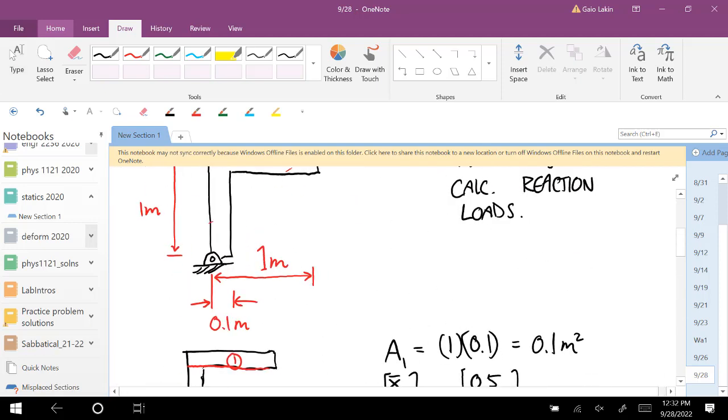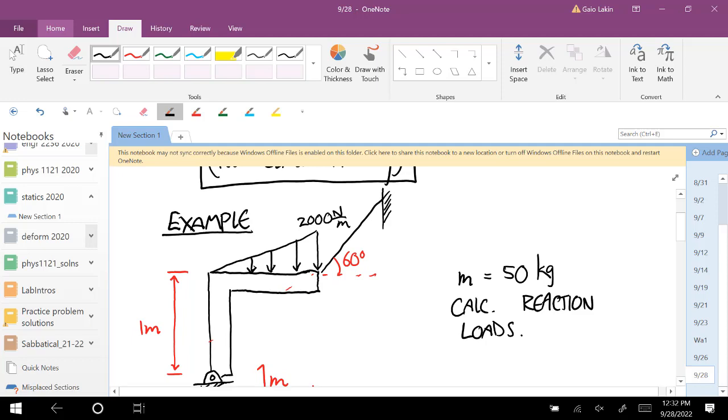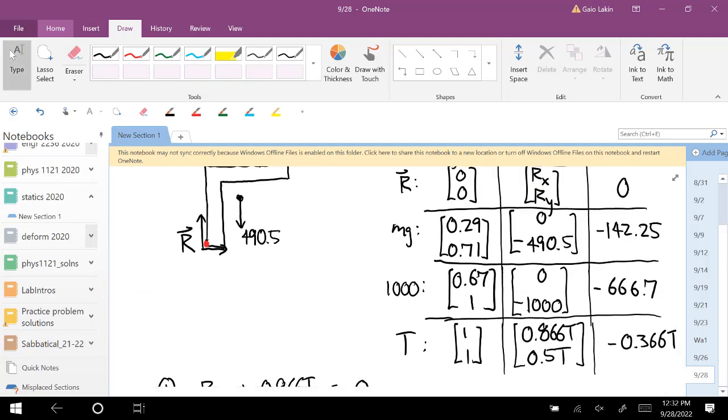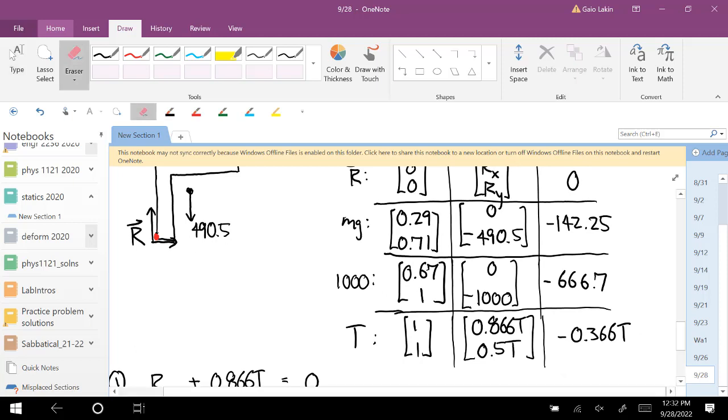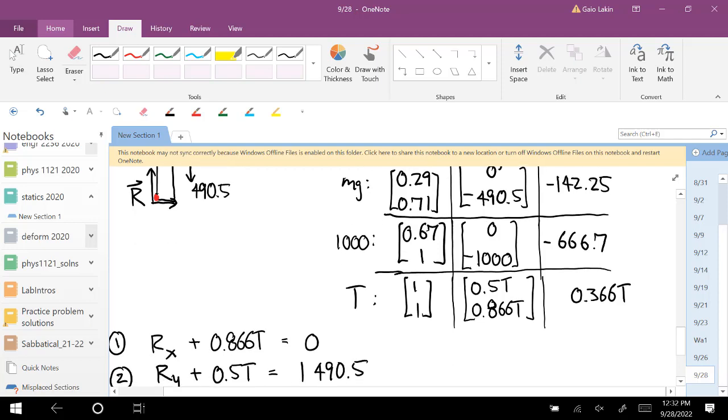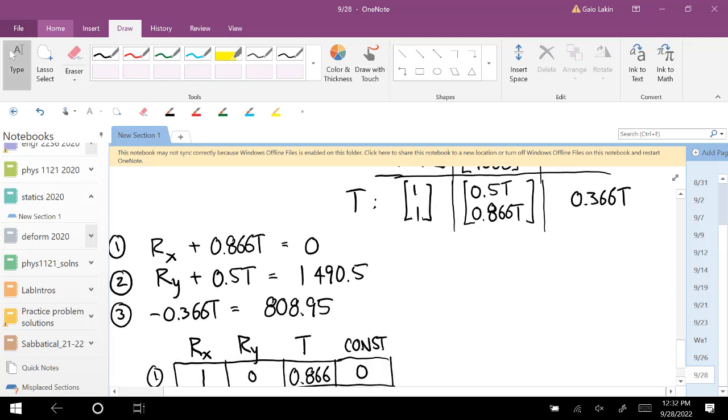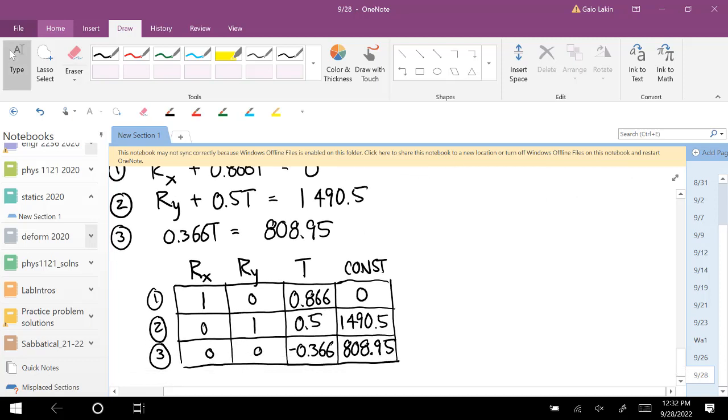Okay, so sorry, I just turned that on, so I had to change that angle, otherwise this problem doesn't work. And so now these are 0.5T, 0.866T, and now that cross product is positive. And so you get this for the third equation.